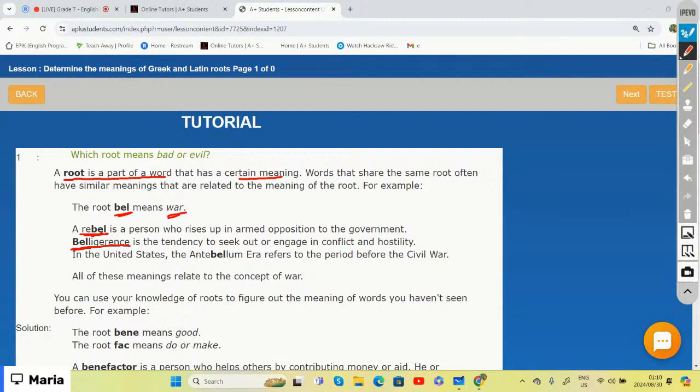Another meaning for belligerence is aggression, being aggressive, like somebody who engages in war or constant conflict. That is belligerence, or someone that is belligerent.